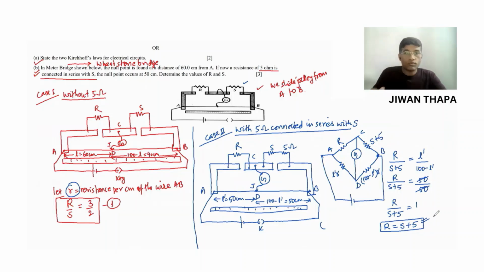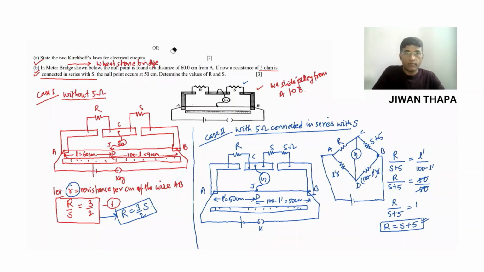Now, what do we do? From equation 1, we have R equals 3 by 2 S. So, we are going to put this value in this equation. If we put it, then what do we get?